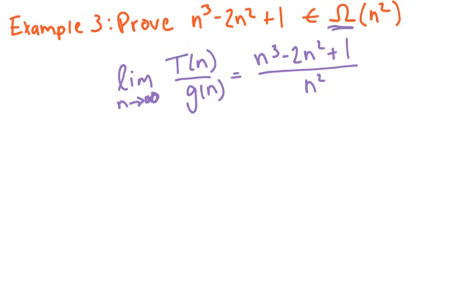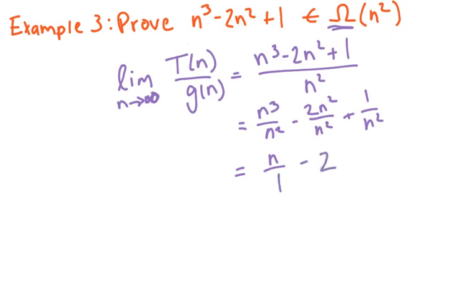Okay, I thought I had set this up to actually come out false. Okay, so let's just go forward with it. So here you can do some simplification. Remember, you need to separate out by terms. Minus 2n squared plus 1 over n squared. It's the same. And now we have n over 1 minus 2. Yeah, they both cancel. Plus 1 over n squared.